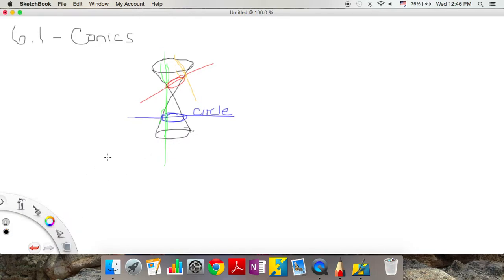Conic sections have a general formula that we talked about in class. Ax squared plus bxy plus cy squared plus dx plus ey plus f equals 0. And we talked about how a circle is when you have a and c equal to each other, but not 0.